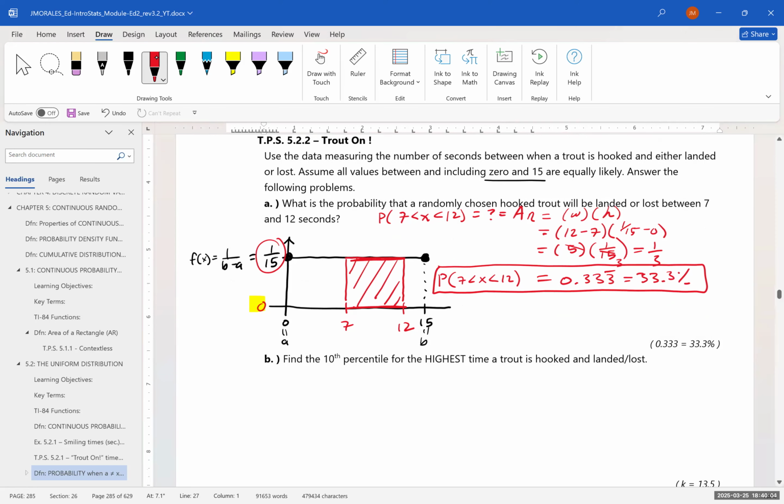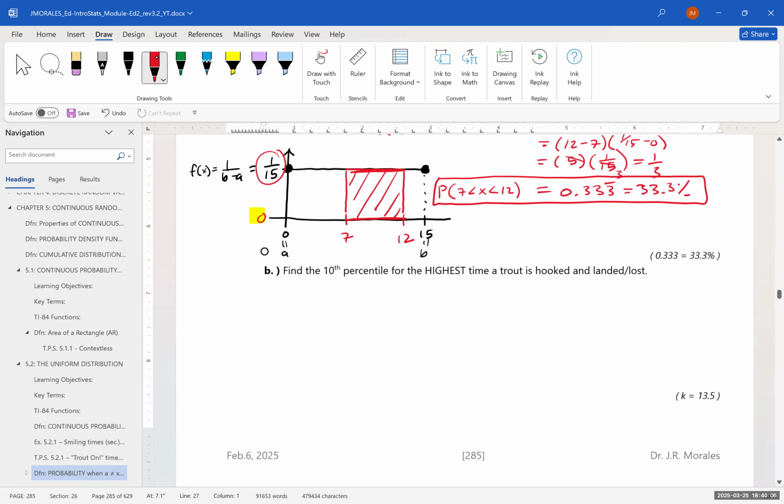All right. Let's look at the next one. Part B, find the 10th percentile for the highest time a trout is hooked and landed or lost. The wording in this one was particularly to see if you're really paying attention to the details, because even though it says 10th percentile, it's looking for the highest time.